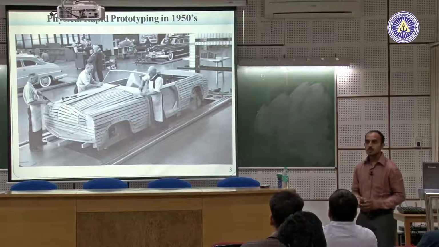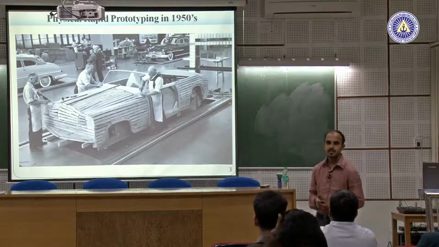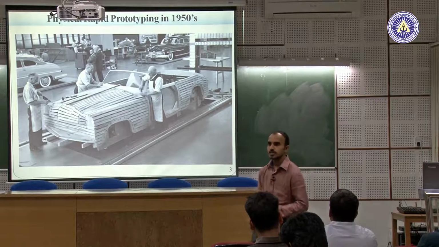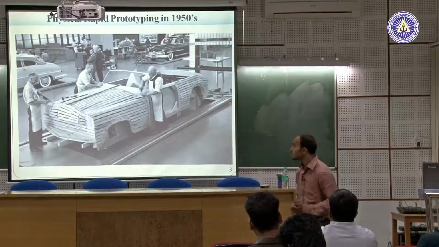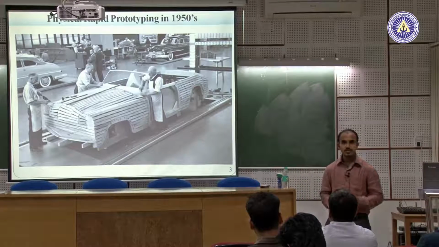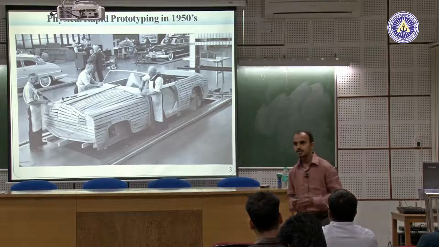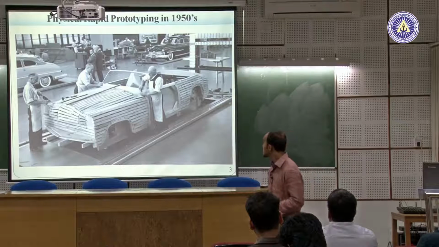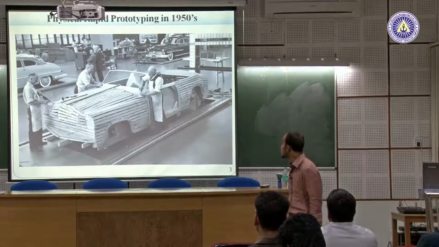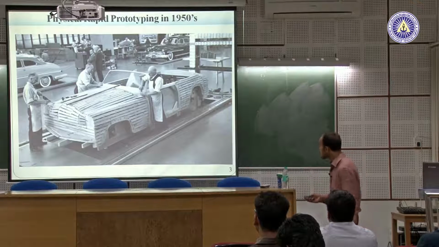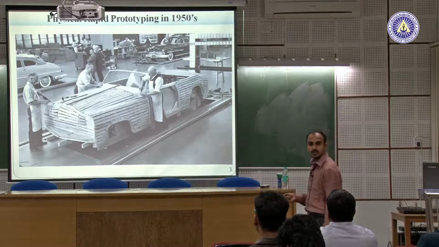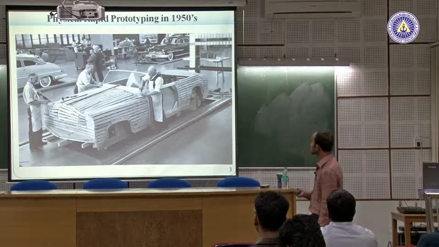As a result of globalization, manufacturing industries are challenged to deliver good quality products cost effectively, and they are under tremendous pressure for rapid deployment of products into production. You can see here physical prototyping in the 1950s. It takes a longer time, costs so much, and requires a number of manpower.